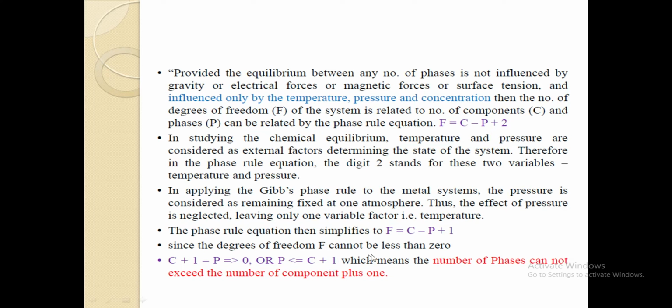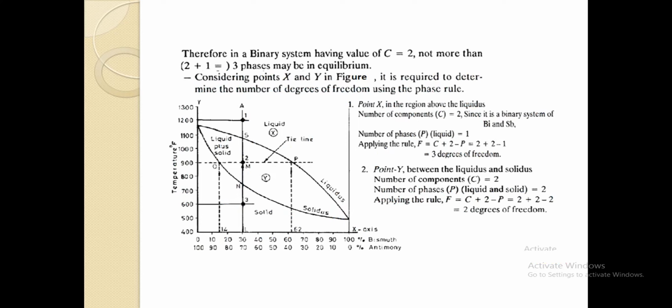Since the degrees of freedom F cannot be less than 0, C plus 1 minus P is greater than 0, or P is less than C plus 1, which means the number of phases cannot exceed the number of components plus 1. Therefore, in a binary system having C equal to 2, not more than 3 phases may be in equilibrium.